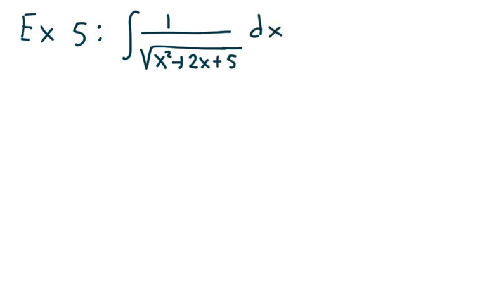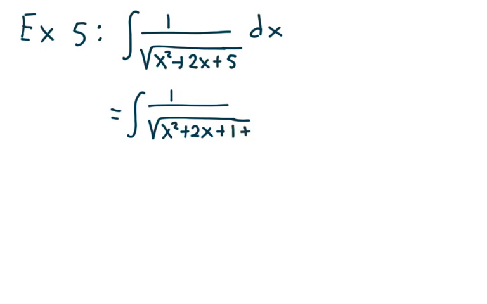Now, you have to manipulate this a little bit. And so I want you to notice that I'm going to rewrite this as 1 over the square root of x squared plus 2x. Remember that 5 is equal to 1 plus 4.